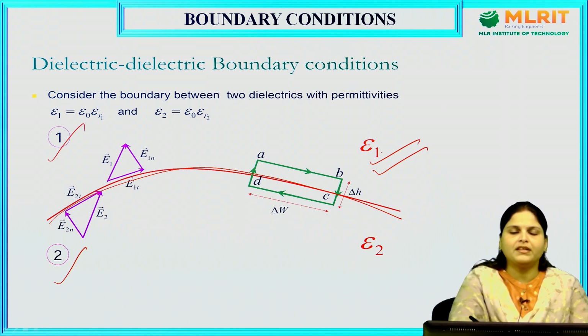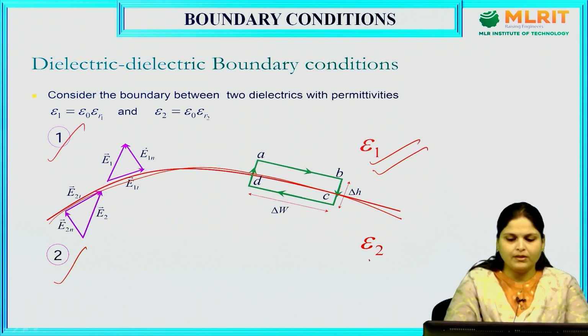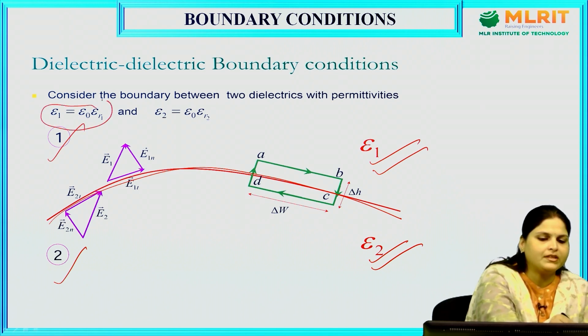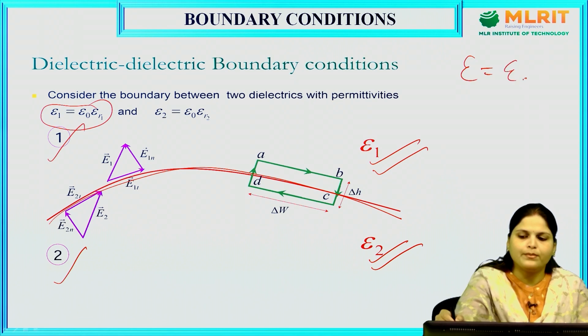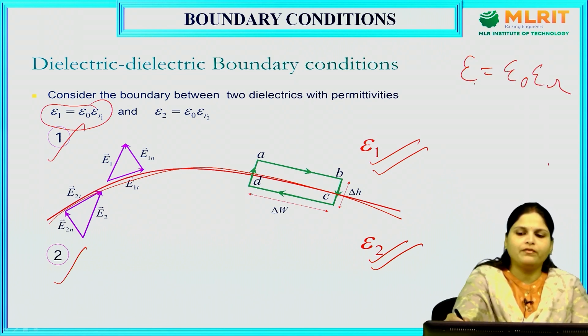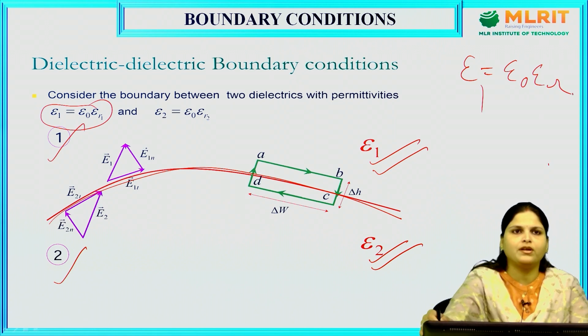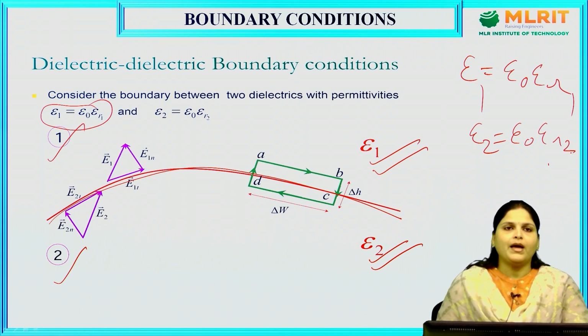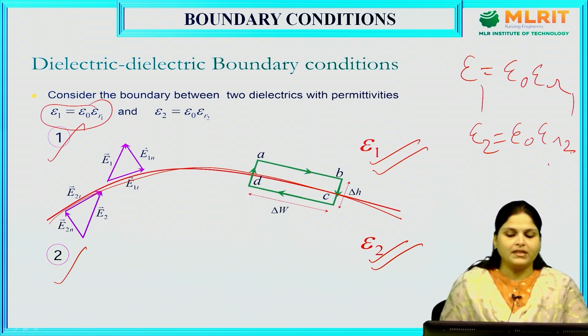For the first medium the permittivity is epsilon 1 and for the second medium it is epsilon 2. As we know, epsilon equals epsilon naught epsilon r. So for medium 1, epsilon 1 equals epsilon naught epsilon r1, and for medium 2 it is epsilon naught epsilon r2, where epsilon r1 and epsilon r2 are the relative permittivities of the dielectric materials.